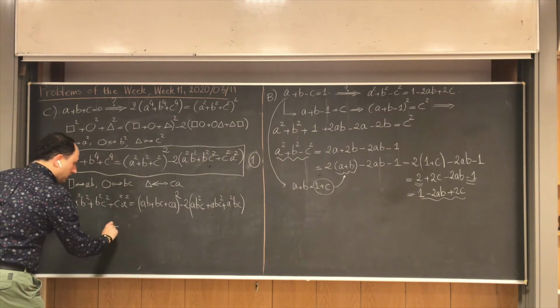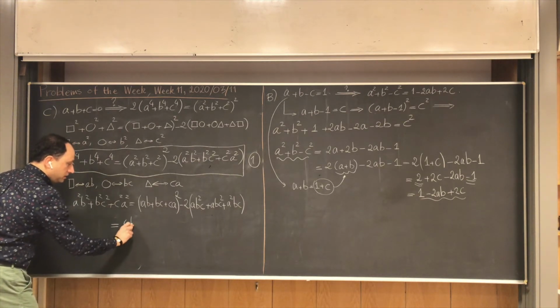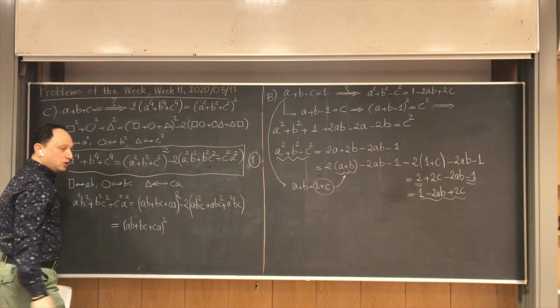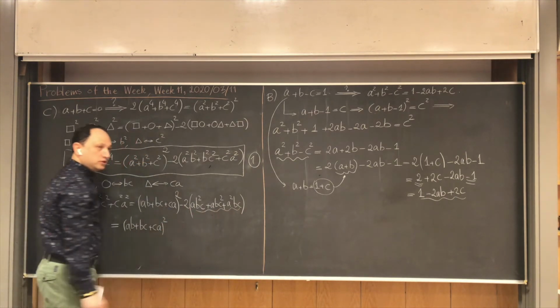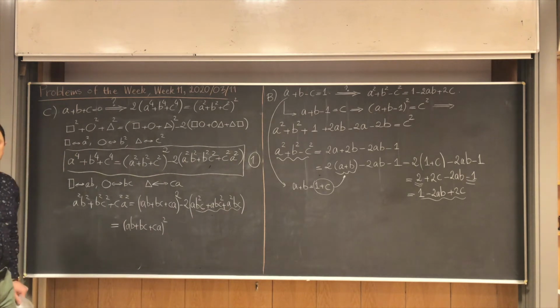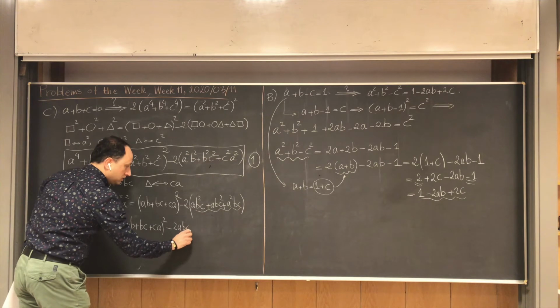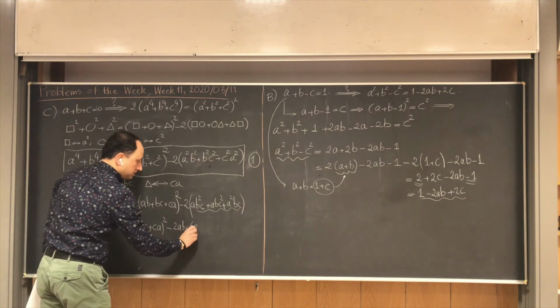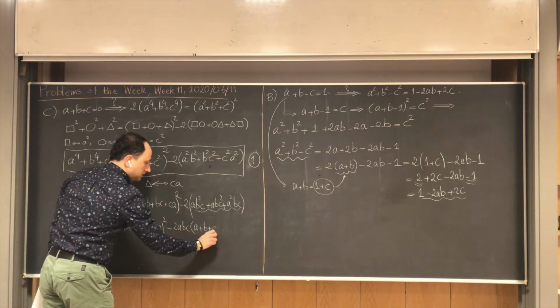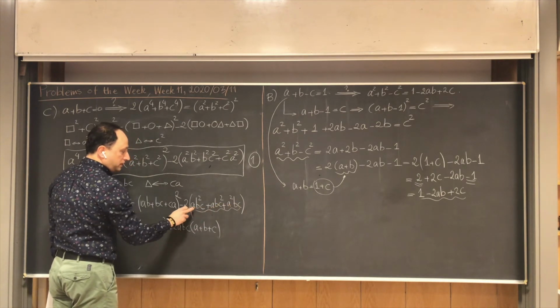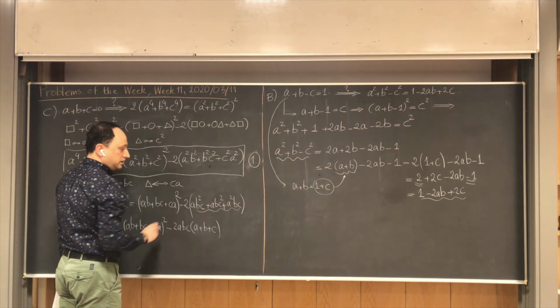Now, I can write it as AB plus BC plus CA to the 2. I hope that you can guess. All these terms share ABC. Yes? So I can factor ABC out. So if I take ABC out, A is left from here, B is left from here, C is left from here.